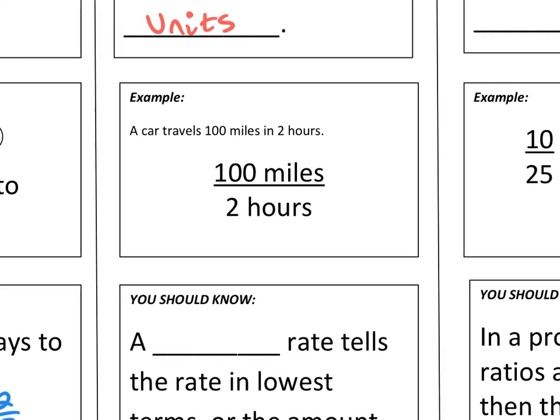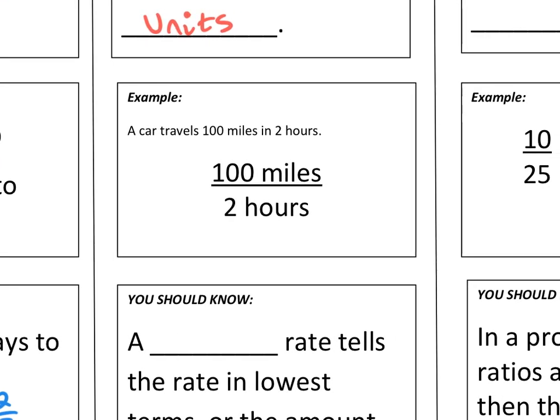Now, an example of that: a car travels 100 miles in 2 hours. The reason that this is a rate is because the top unit is miles, but the bottom unit is hours. Those are 2 different units, and that's what makes it a rate.